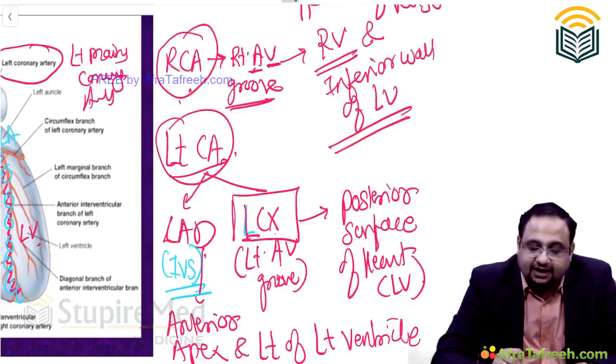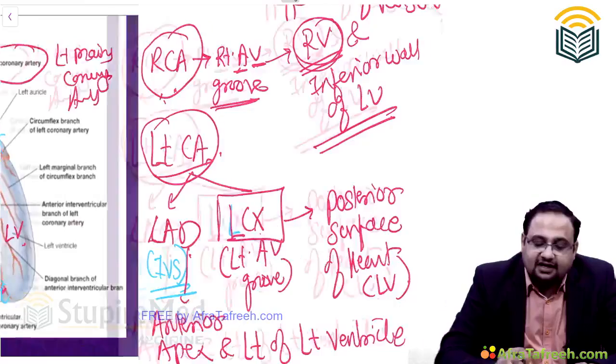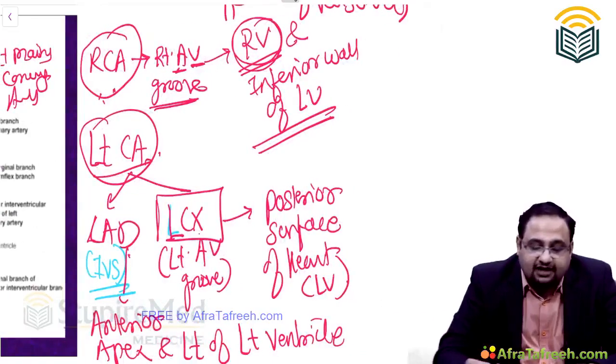I repeat, the right coronary artery completely supplies the right ventricle and a little bit the inferior wall of the left ventricle.